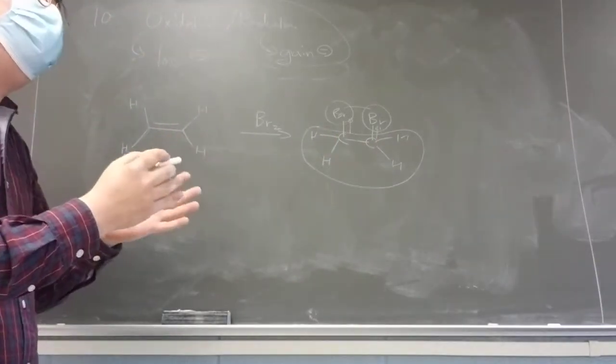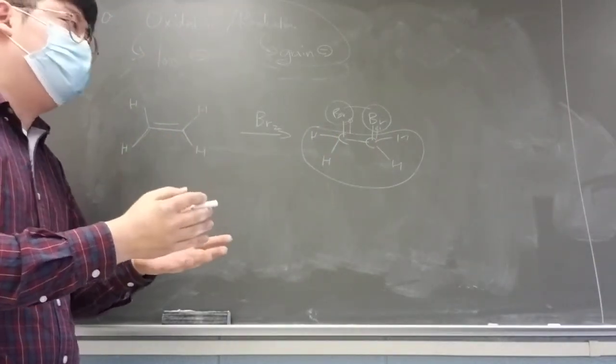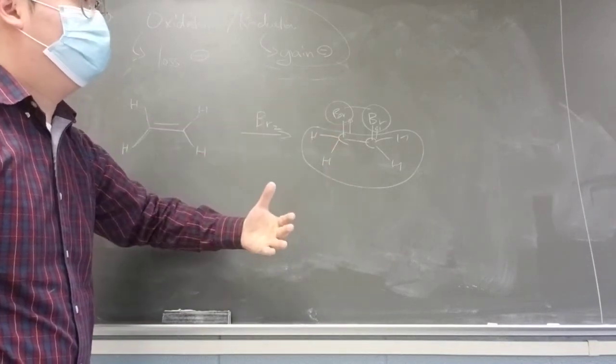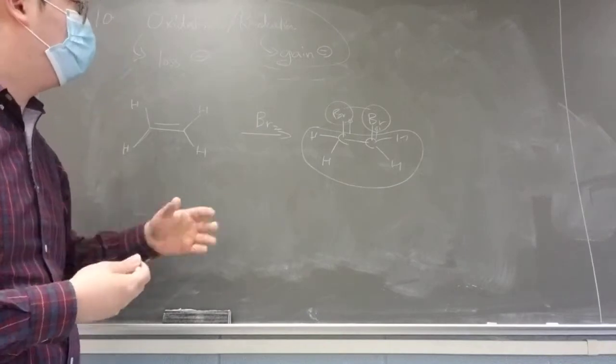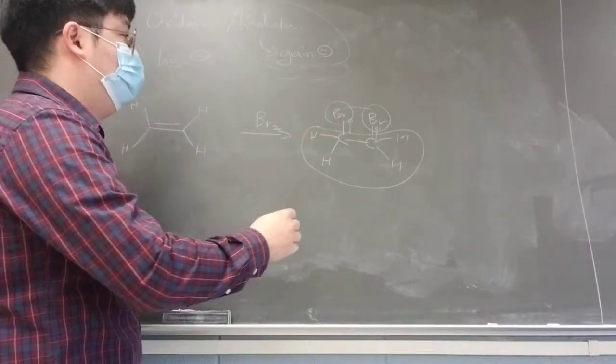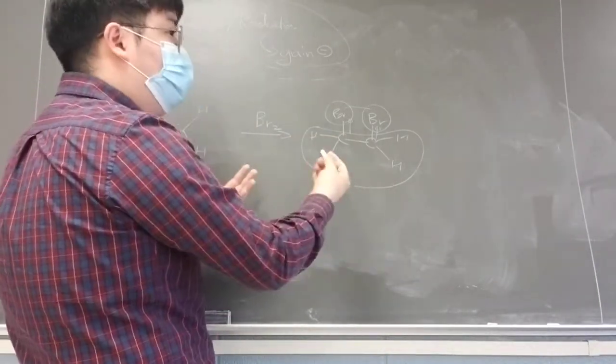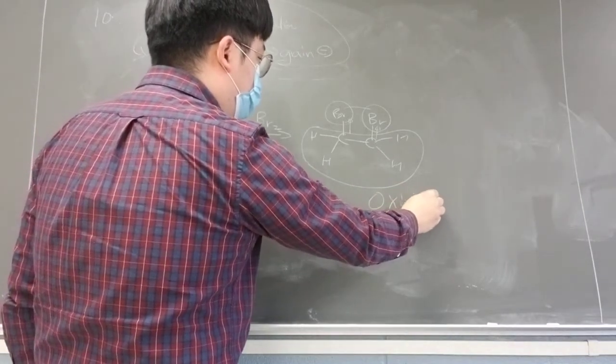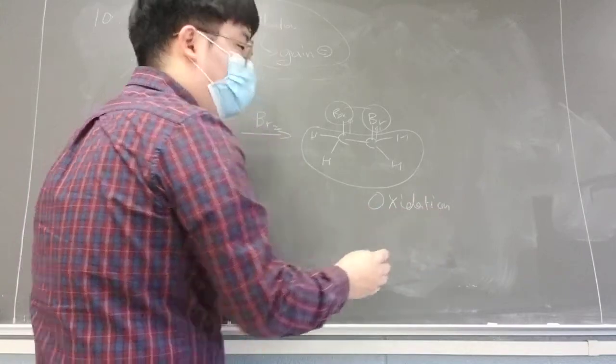So from the view of the compound, they have less force to pull the electron, so they're kind of losing electrons. It's actually oxidation. Makes sense, right?